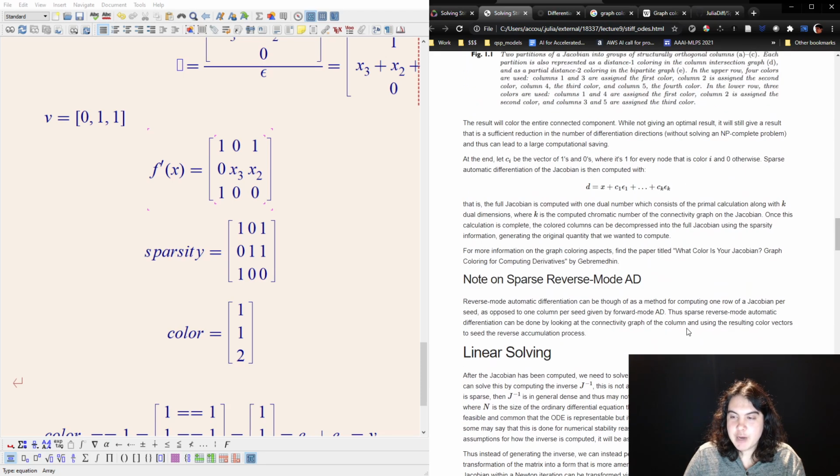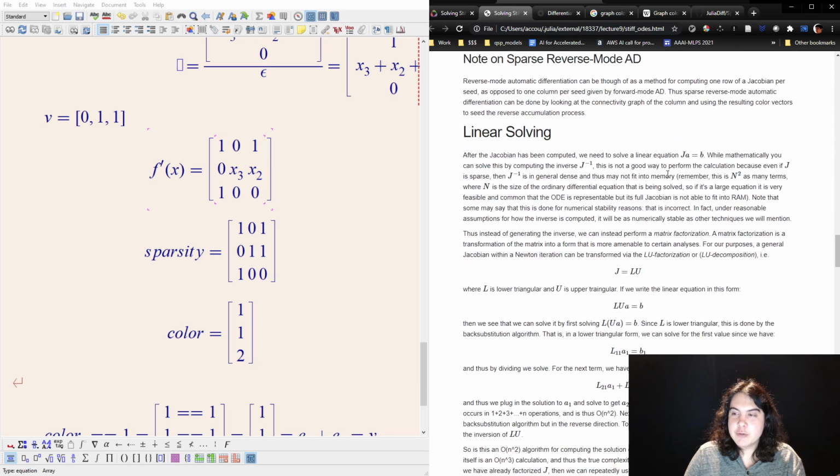Okay, so now we have the Jacobian. All we have to do is solve Jacobian times vector equals vector, right? Where we know B, we know J, and what we want to find is A. I'm not going to go into the details of this too much, because this is the core of numerical linear algebra.